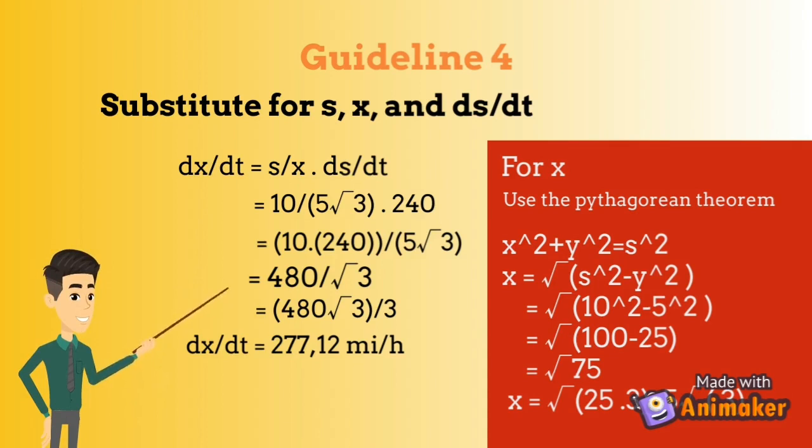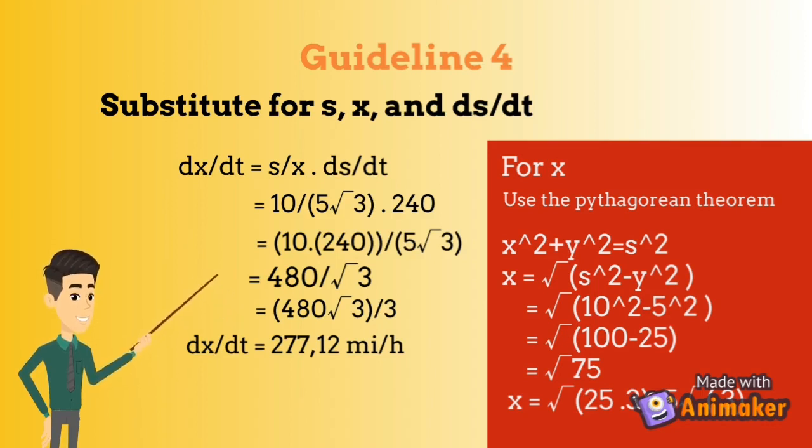That is, x squared plus y squared equals s squared. x equals square root of s squared minus y squared, equals square root of 10 squared minus 5 squared, equals square root of 100 minus 25, equals square root of 75. x equals square root of 25 times 3, equals 5 square root of 3.